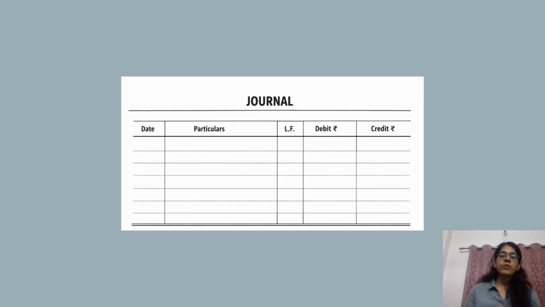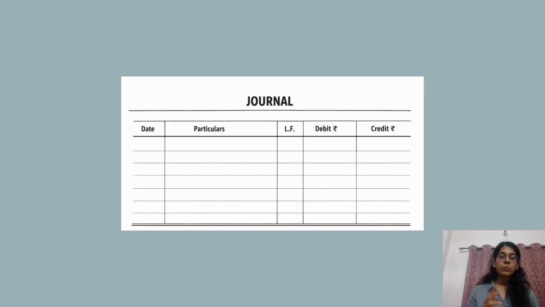So if you are recording a journal entry, the first thing you have to do is identify the account. Whenever you see a transaction, the first thing to think through is, okay, what are the accounts that are getting impacted? We are identifying the accounts that are getting impacted.